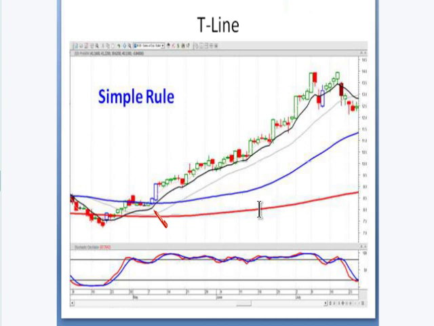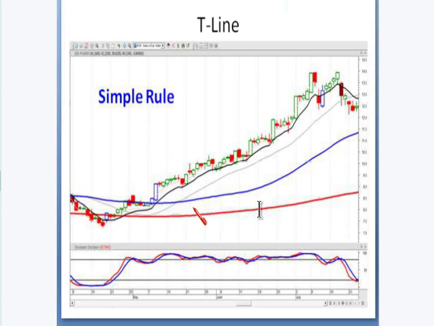So here's the one statement you always should keep in the back of your mind. If you see a candlestick buy signal and a close above the T-line, you can stay long until you see a candlestick sell signal and a close back below the T-line.